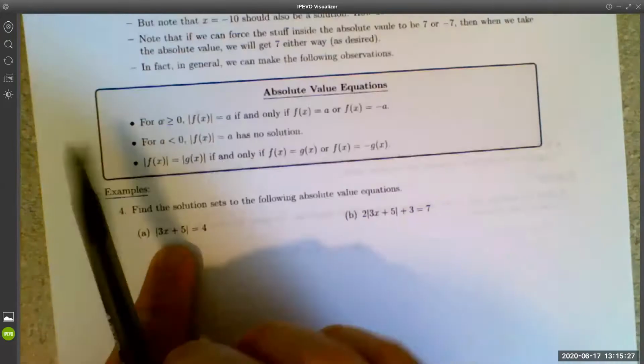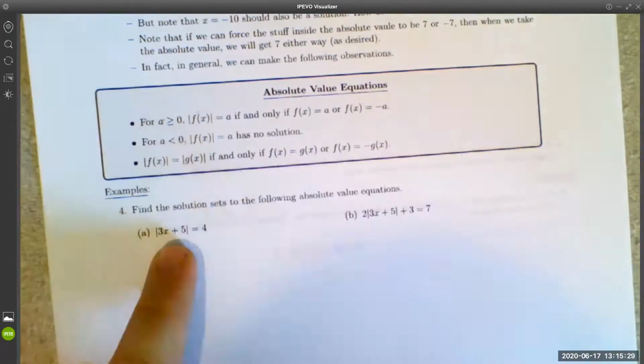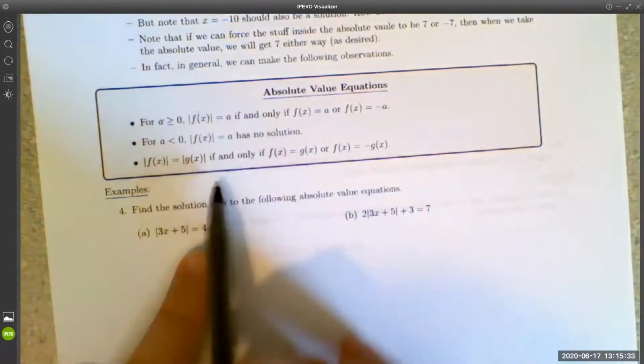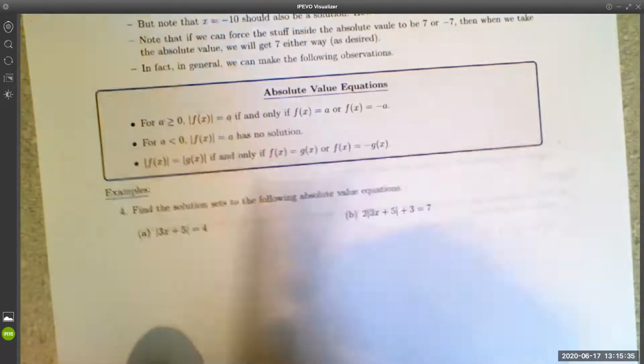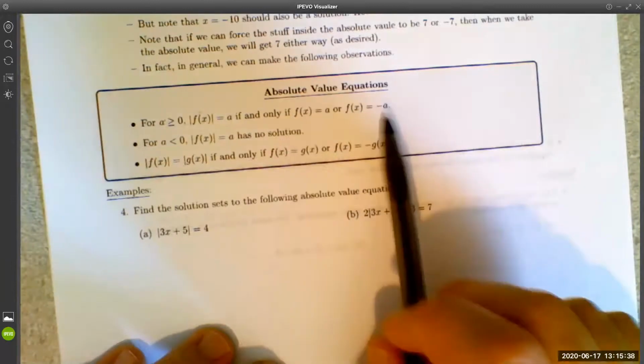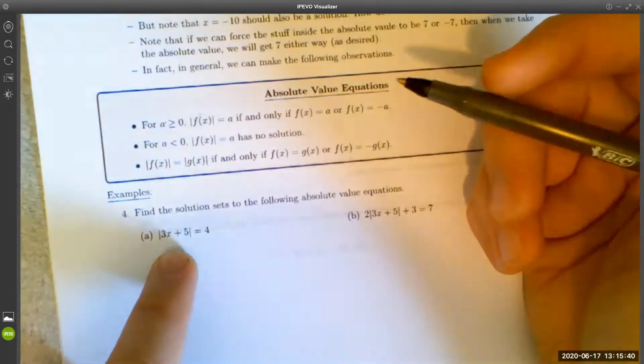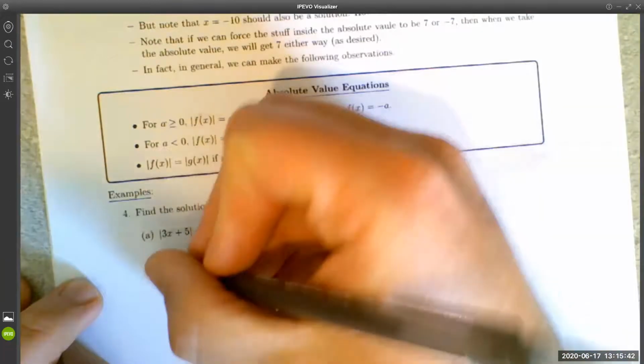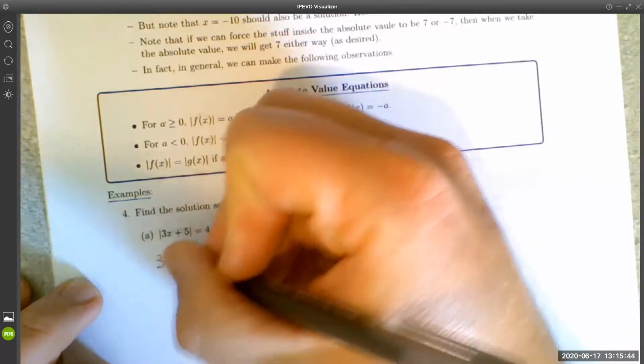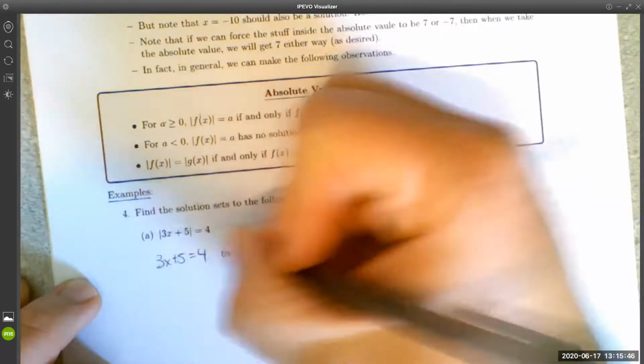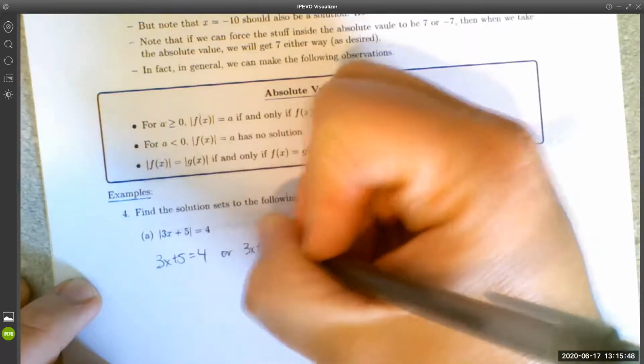Here we have a case 1 scenario. We have the absolute value of 3x plus 5 equals 4, and 4 is a positive number, so we can apply this fact. If the absolute value of 3x plus 5 equals 4, then either 3x plus 5 equals 4, or 3x plus 5 equals negative 4.